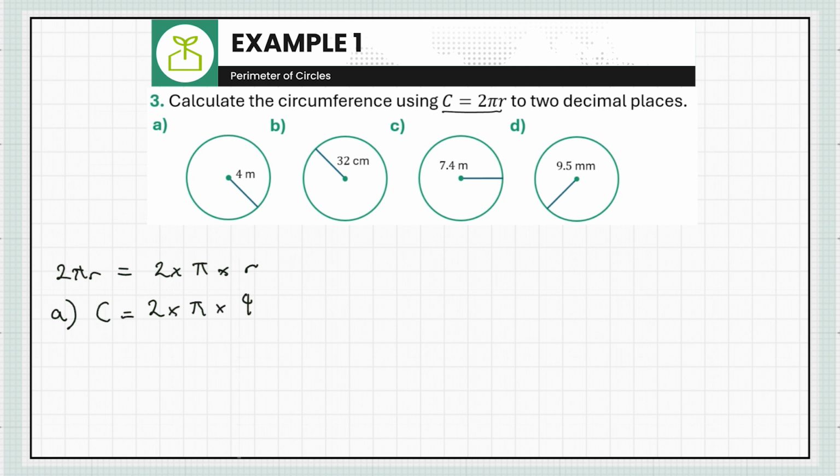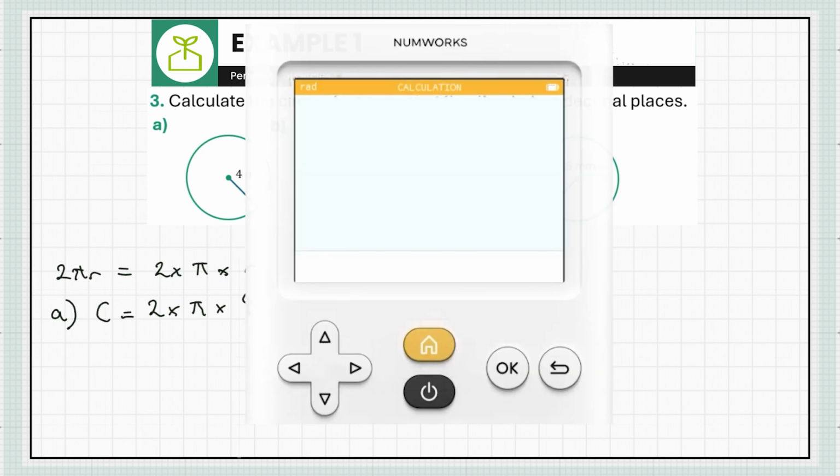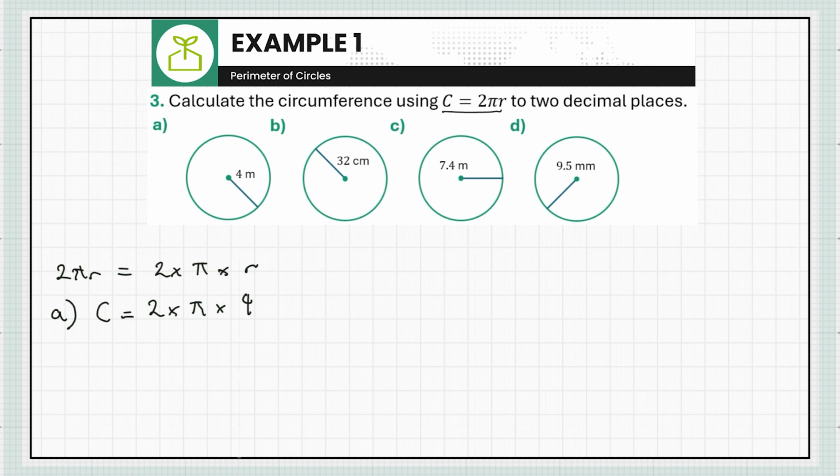So all we need to do now is bring over our calculator and do 2 times pi times 4, and then we can just hit execute, and what we get is 25.13. And this will still be in the same units that we had before.